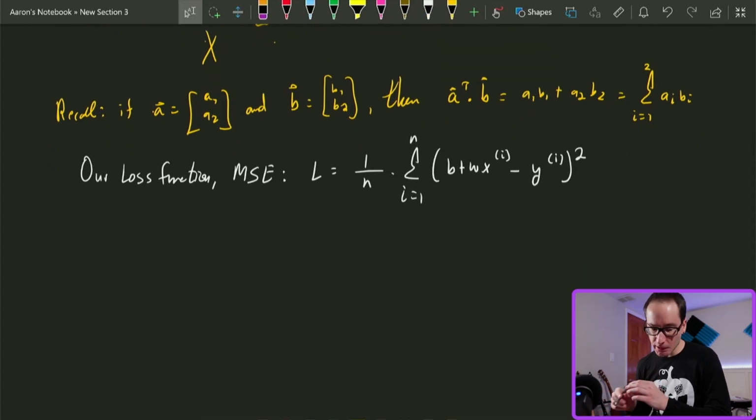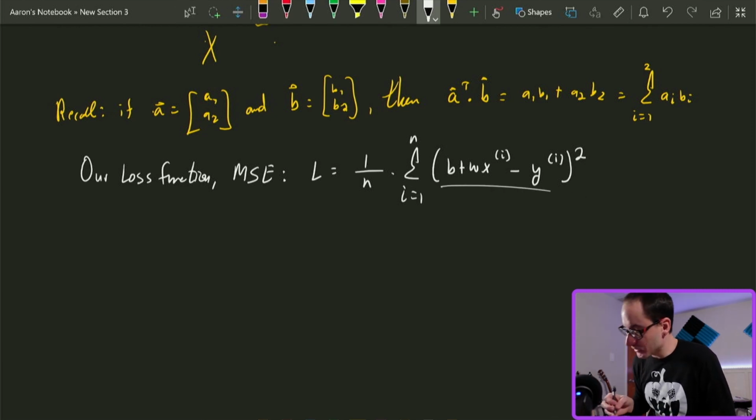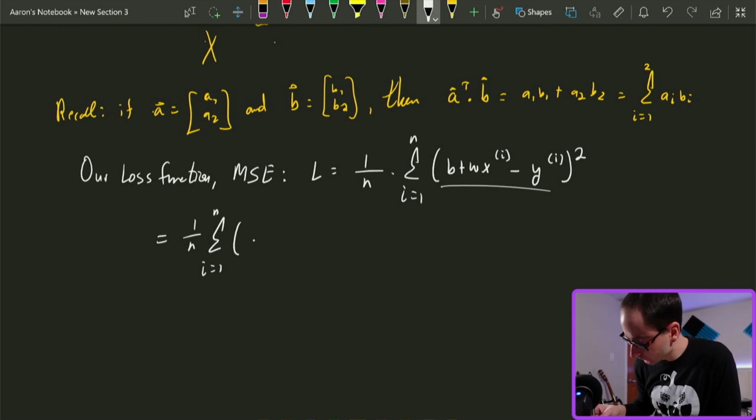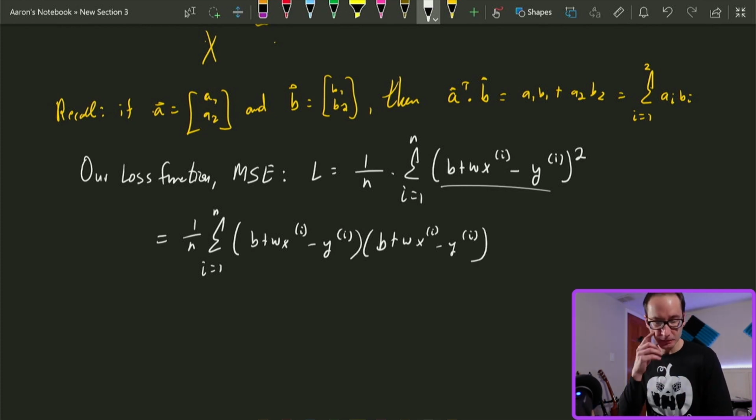And what I want us to see is this squaring term right here. If we expand this out, we can reverse this process and go from a summation to a dot product. So this is equal to 1 over n times the sum as i goes from 1 to n of (b plus w x_i minus y_i) times (b plus w x_i minus y_i).